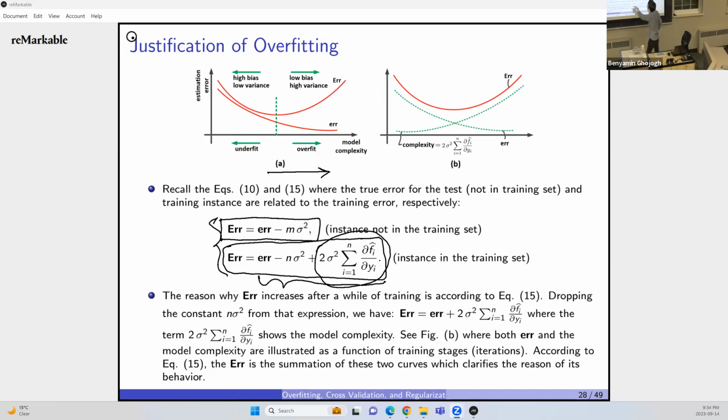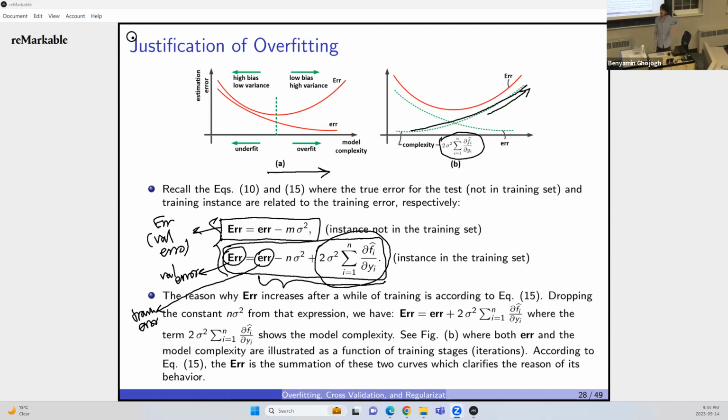So we know that you can see the capital error, the true error, kind of as validation error, right? So let's replace this as validation error, and this as training error. Because of this complexity term, which is increasing, and this training error, which is decreasing, right?